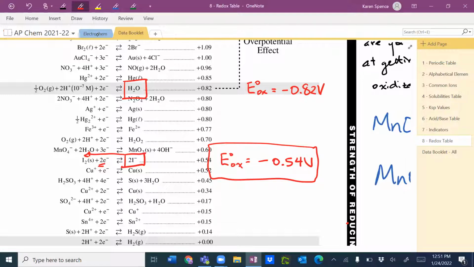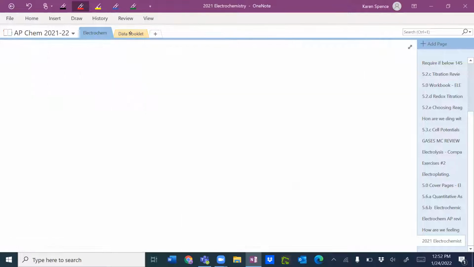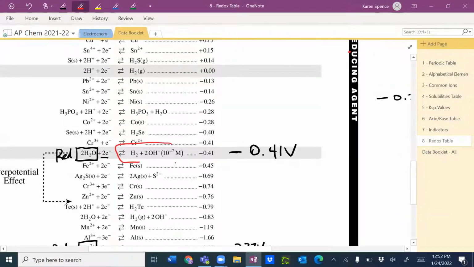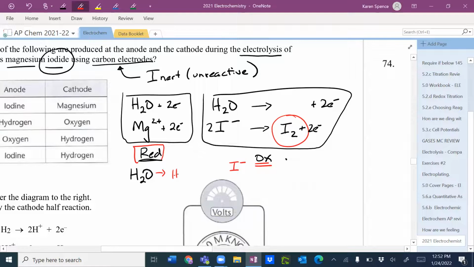So I- is the one that gets oxidized, and our products are going to be I2. And when water gets reduced, I need to look it up. When water gets reduced, we get H2 plus 2OH-. So don't be shy about looking that up. So our products are H2 plus 2OH-.